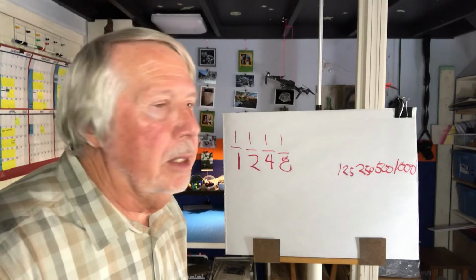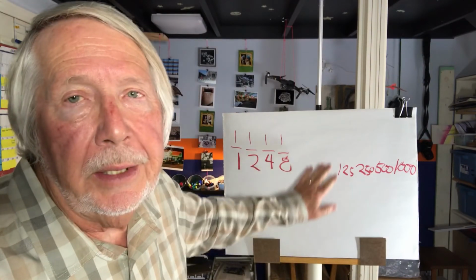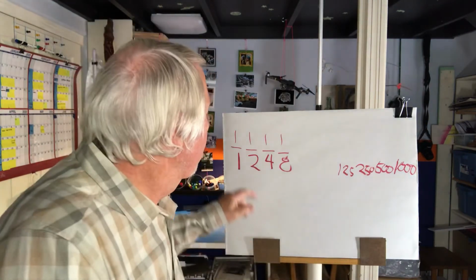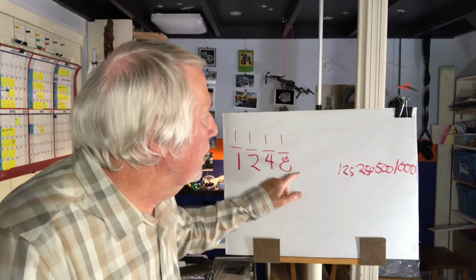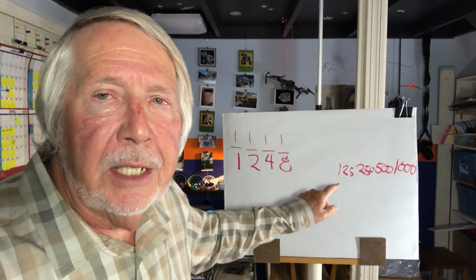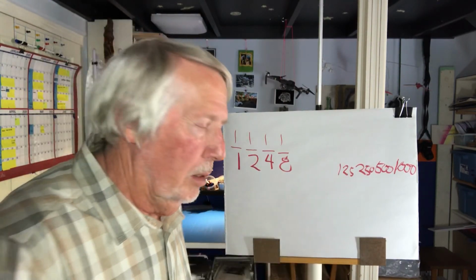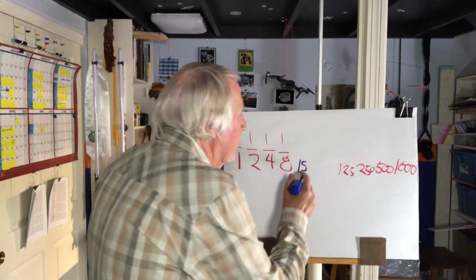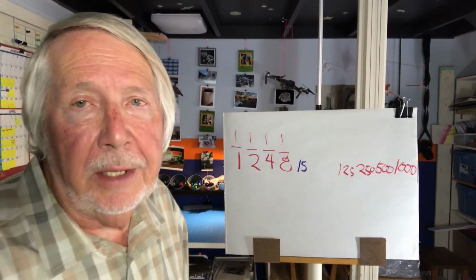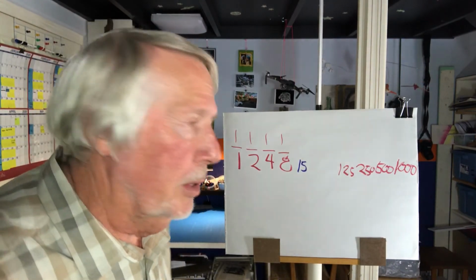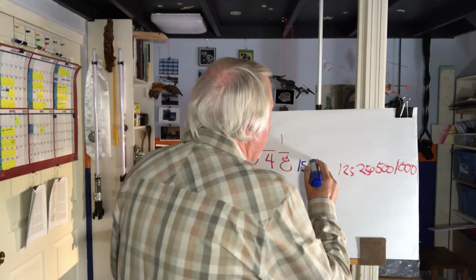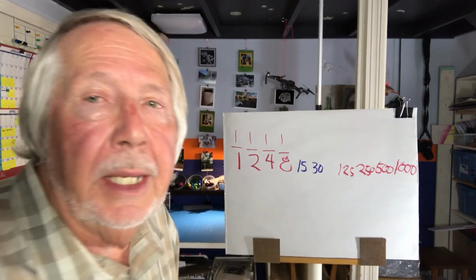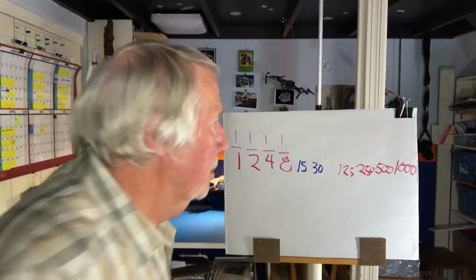So I call this middle zone here kind of like the Twilight Zone because something happened. So 1, 2, 4, 8. Mathematically, it should say 16, but no, it is now 15, not 16. And then the next number is not 32, it is 30. And the next number is 60.